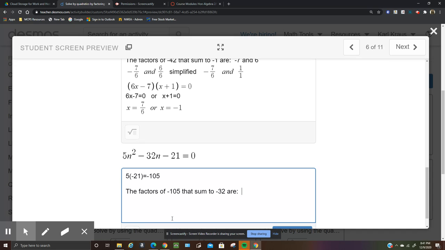If I divide 105 by 5, I get 21. 35 times 3 is 105, and that will give me a 32. So negative 35 and positive 3 work.